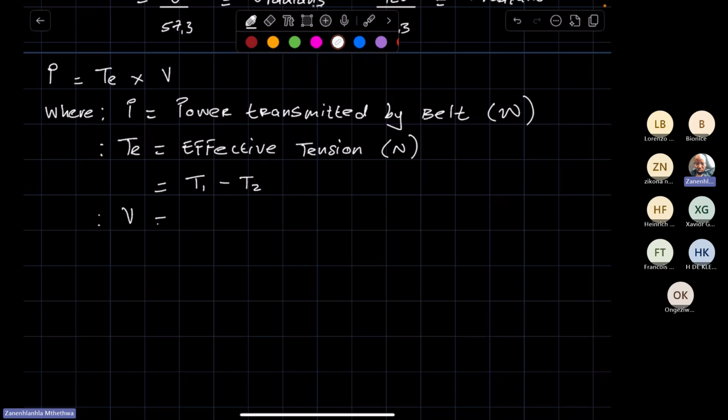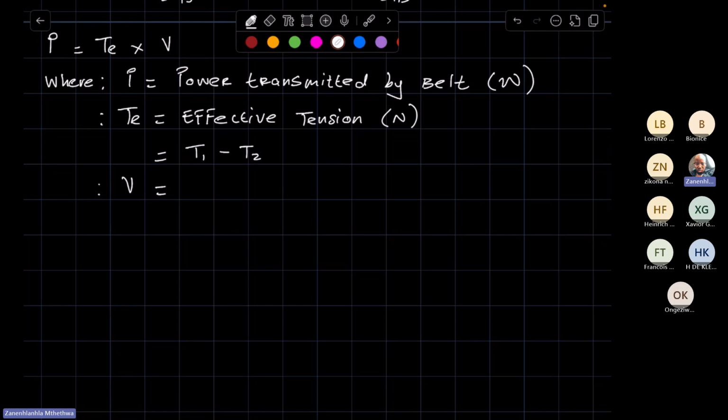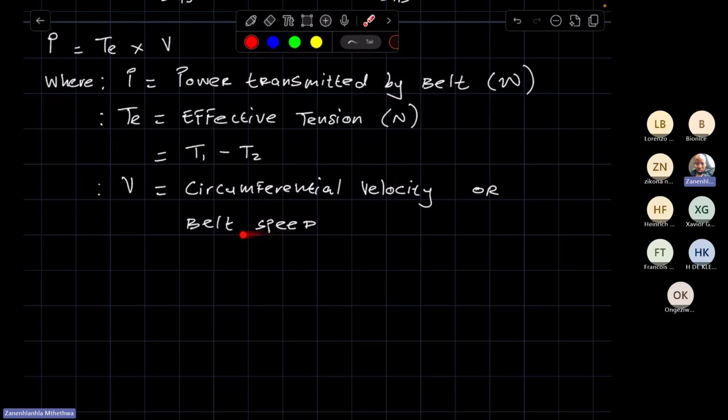And then V. Now V can be referred to in a number of ways. They can call it the speed of the belt or belt speed. But the right term for it actually is circumferential velocity, or belt speed, because in most cases they refer to this as belt speed.